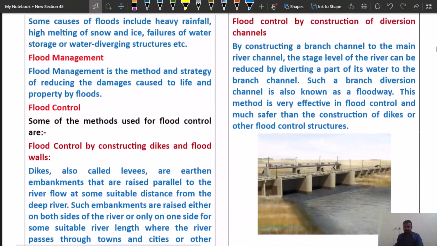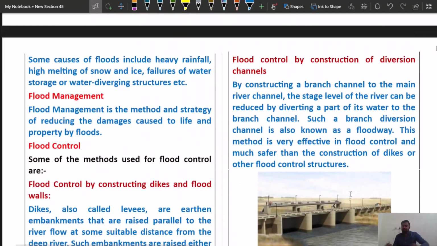Next method is construction of diversion channels. By constructing a branch channel to the main river, we can divert the overflow. If there is excess rainfall, the overflow of the river will be diverted into the other branch canals, which will also prevent flood in that area.